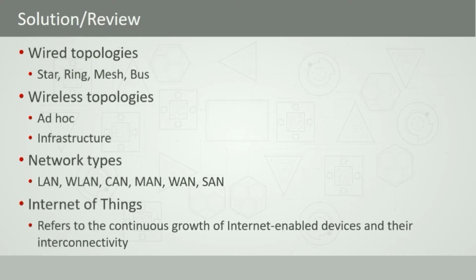And finally, the Internet of Things refers to the continuous growth of Internet-enabled devices and their interconnectivity. The capability of just about every electronic device to be able to communicate with other types of electronic devices is really where this is headed, so that eventually just about anything that has a chip in it really can have an IP address and communicate with other types of devices, so that you can implement things like home automation and various other types of interconnectivity between appliances and smart devices and things along those lines.